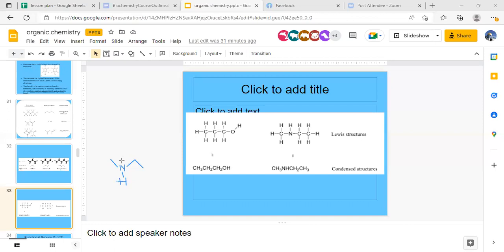So, sometimes I can represent also kasi yung nitrogen mo, meron ka pang non-bonding pairs, non-bonding or lone pairs. So, papakita ko rin yan. Okay, may 2 electrons ka dun. So, medyo pangit yung drawing, pero that's a representation of the line structures. Okay?